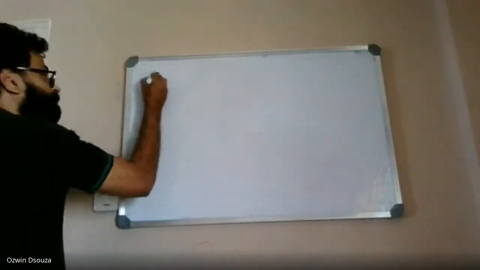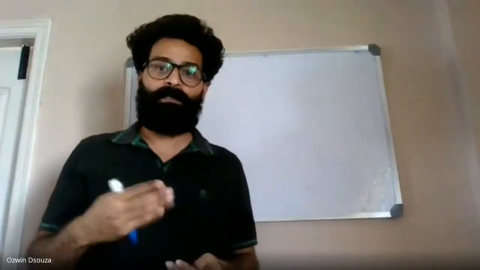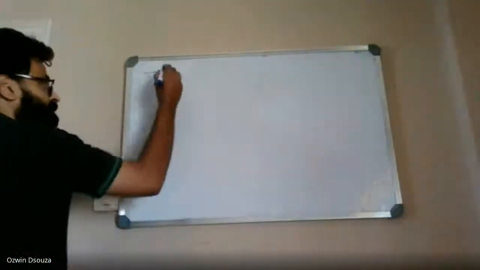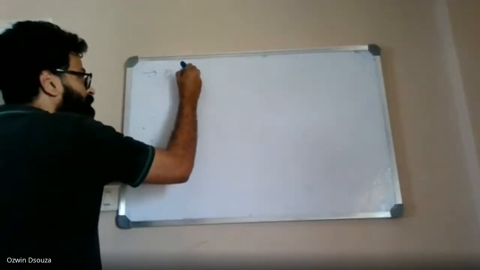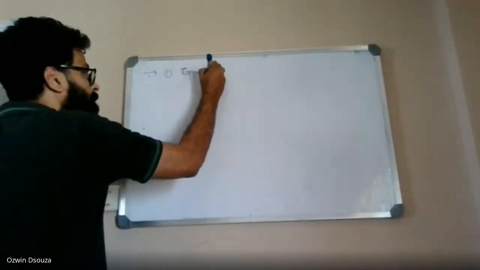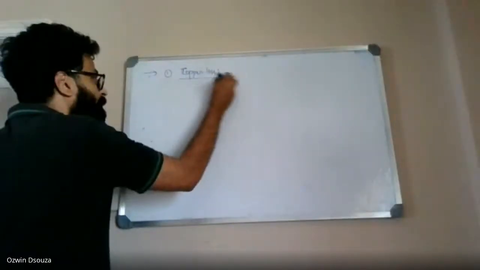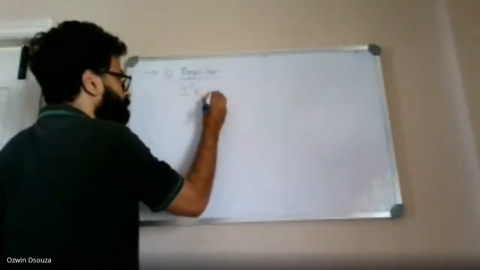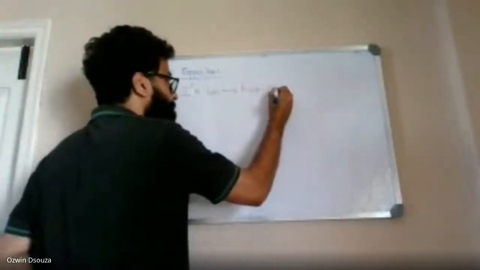Now, in the second part, let us consider these losses in better detail. So let's go into depth in order to understand these losses. First, let me consider the copper loss. Copper loss is also called I square R loss, which is nothing but the heat loss.